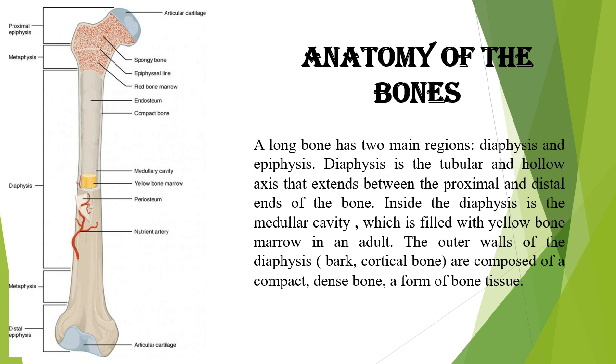Inside the diaphysis is the medullary cavity, which is filled with yellow bone marrow in adults. The outer wall of the diaphysis, the cortical bone, is composed of compact dense bone, a form of bone tissue.